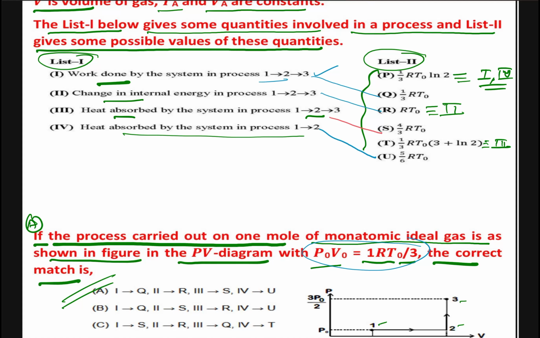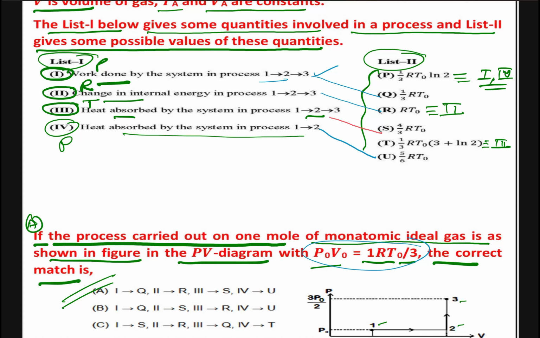So we have our P matches with 4, so this goes with our P, and this third matches with our T, and second internal energy, and second matches with R, and our first, work done in the process, matches with P. So this is our PRTP.